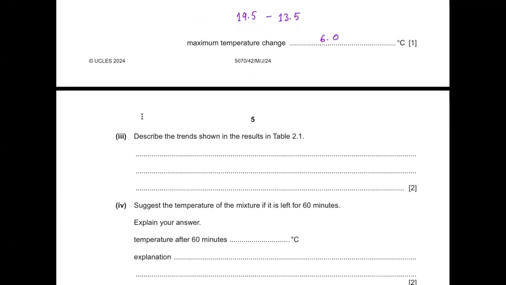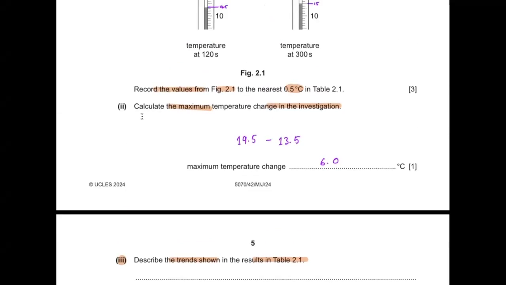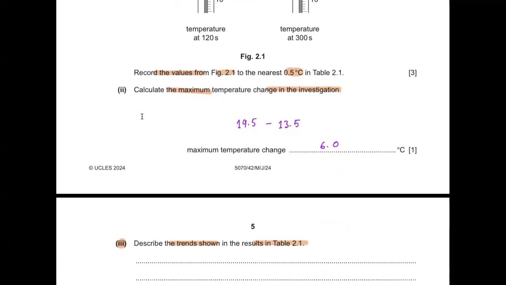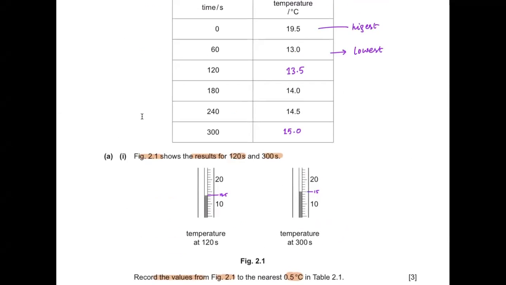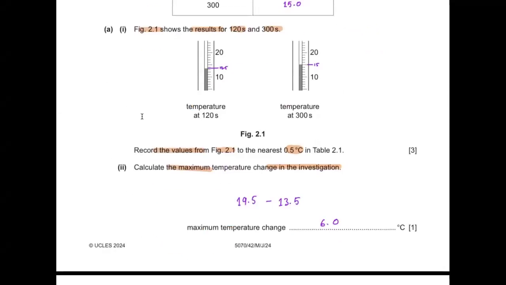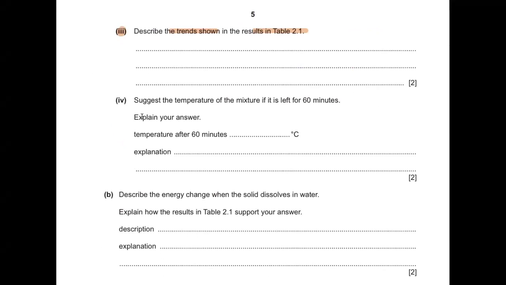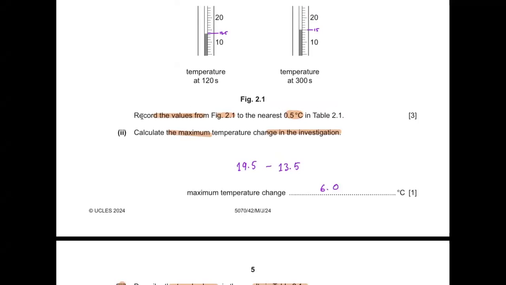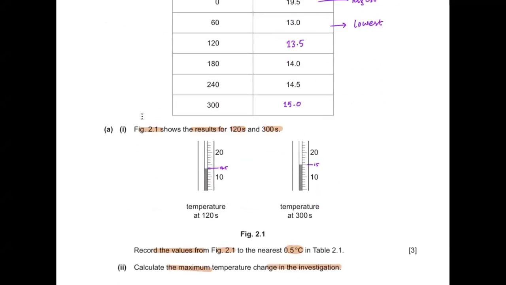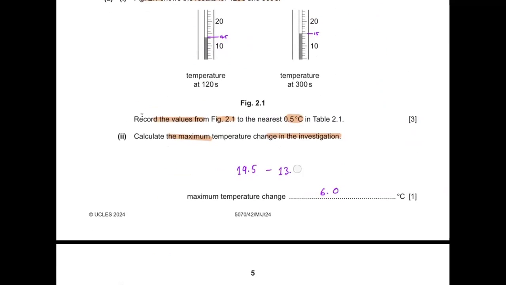Now, next part. Describe the trends shown in the results in table 2.1. Okay. So from table 2.1, what we have seen that initially the temperature decreases, right? And then it increases. So shouldn't the change be 6.5? Yeah, it's 13. Yeah, sorry. Thank you.